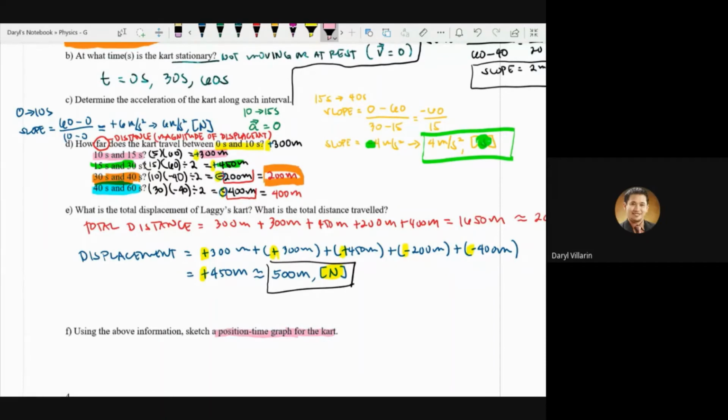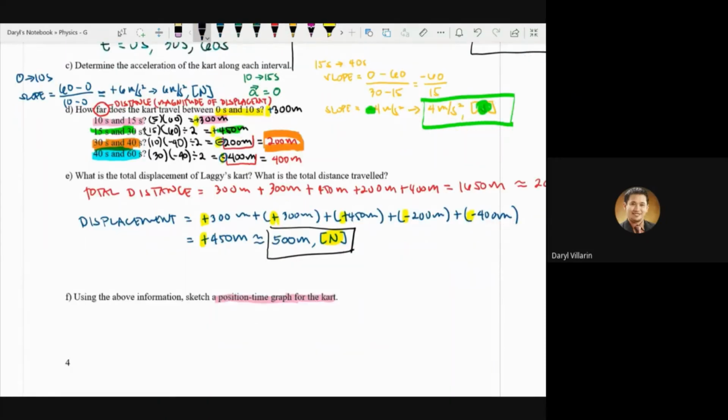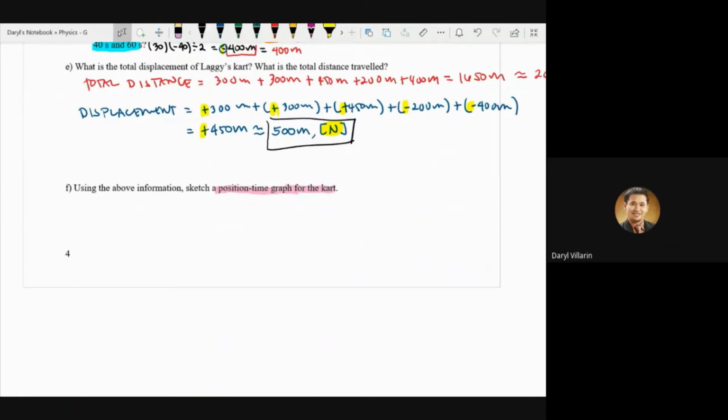So that means that based on the information that you have in the velocity time graph, okay, information above from the V versus time graph, we're gonna recreate the possible form of our position time graph.